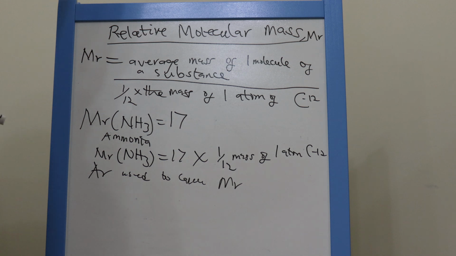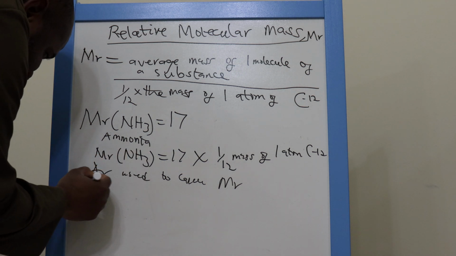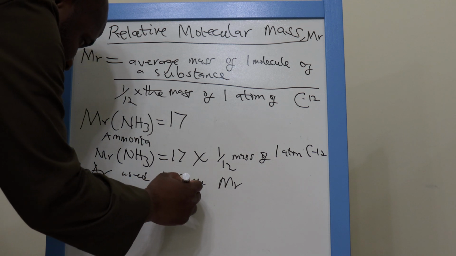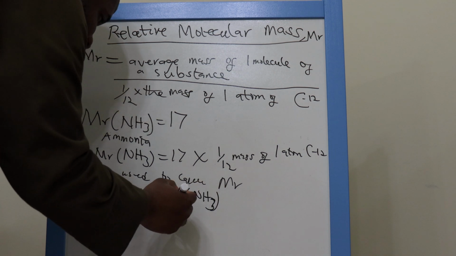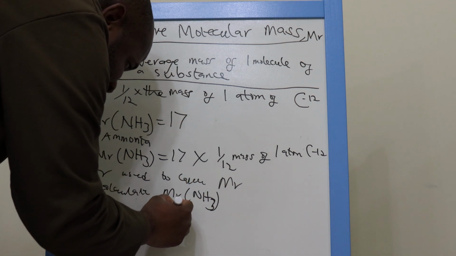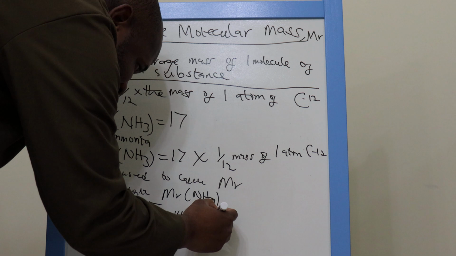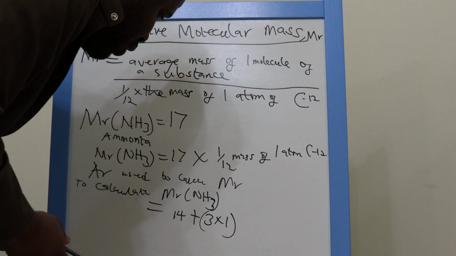So let's look at an example: calculate the relative molecular mass of ammonia, NH3. We take individual atoms: 14 for nitrogen plus 3 times 1, because we have 3 hydrogen atoms there.